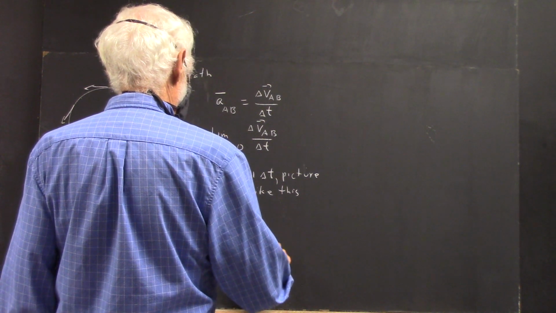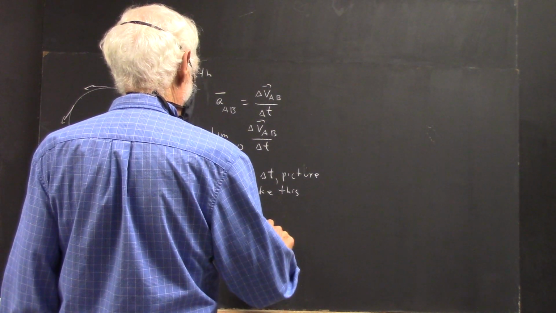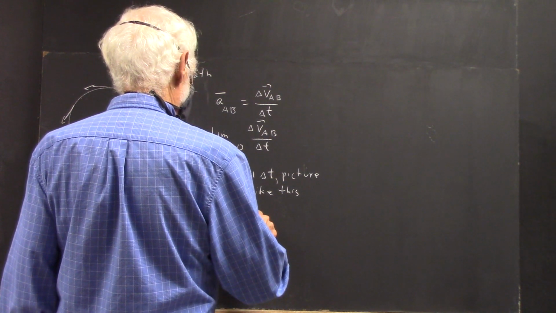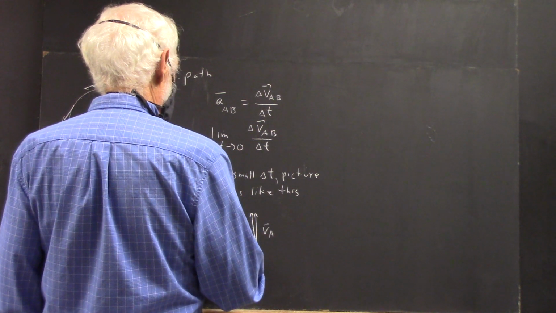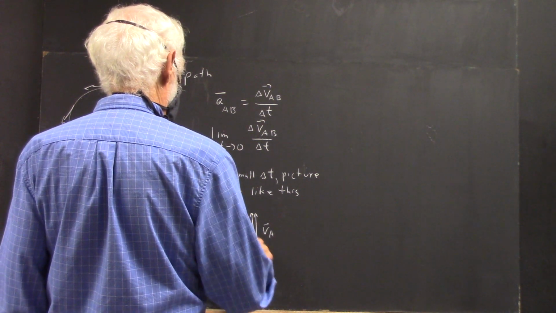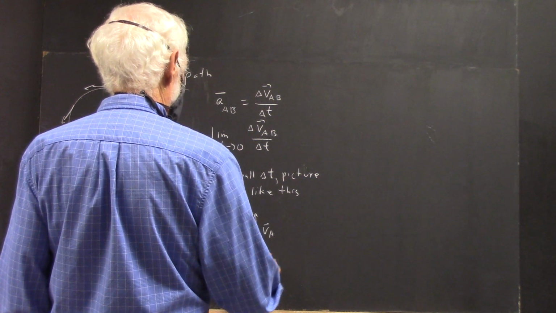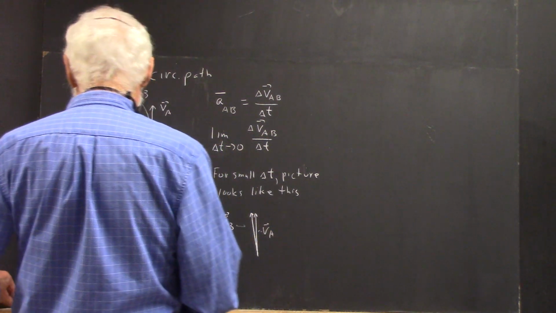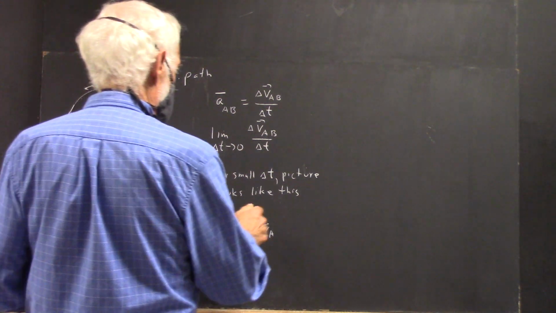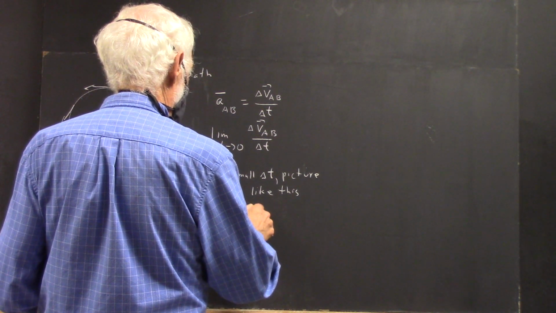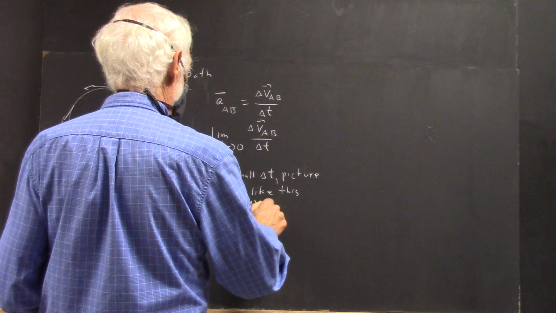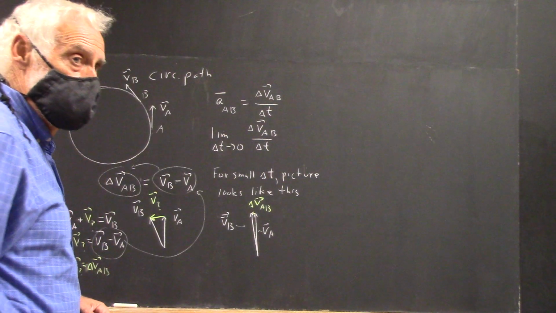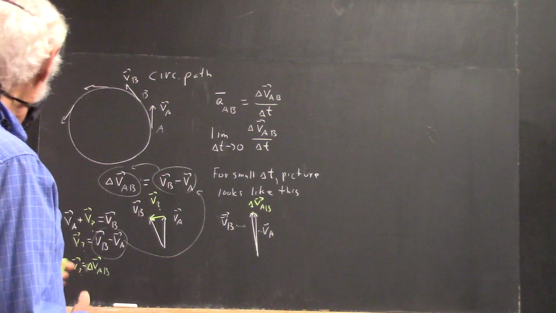Here's your vA, and here's your vB. And here's your delta vAB.